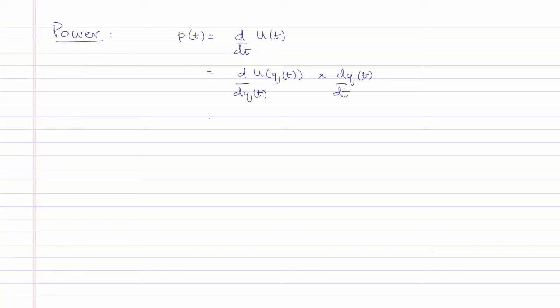We recognize the first differential as the voltage V of t and the second differential as the current I of t. Therefore, power is the same as the product of voltage and current.